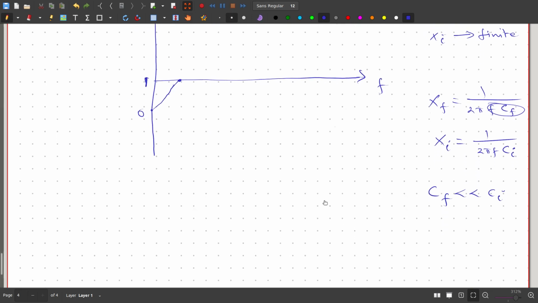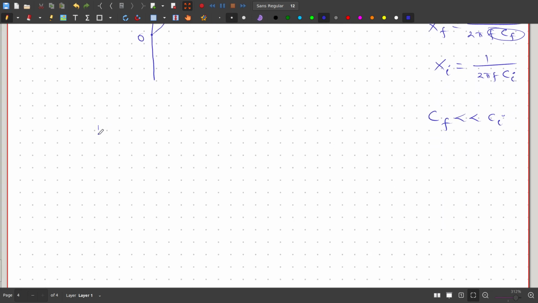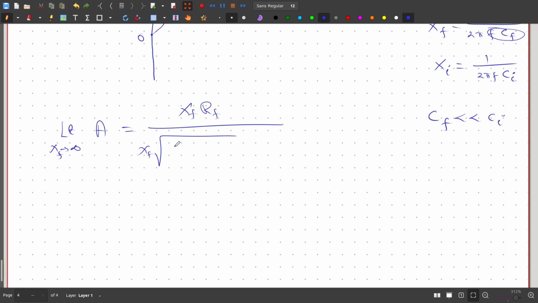Okay, so we know that in the limit Xf alone tends to infinity, we can write Xf divided by Xf, Rf divided by root of Xf into 1 plus Rf square divided by Xf square, into root of Xi square plus Ri square.